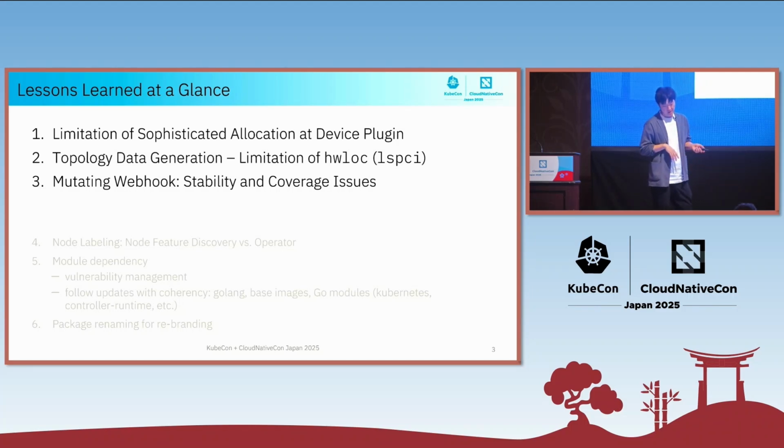Other features include node feature discovery, labeling, module dependencies, and vulnerability management. We have solved many Go module dependency issues, and previously we had changed some names, but we had to change from AIU to Spire, so we had to take care of many changes within the repository, especially the renaming.